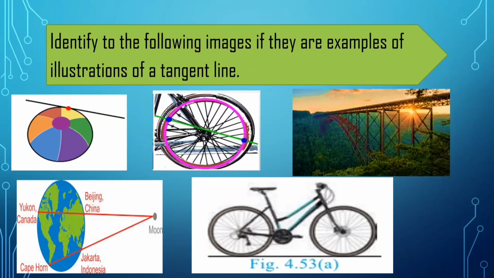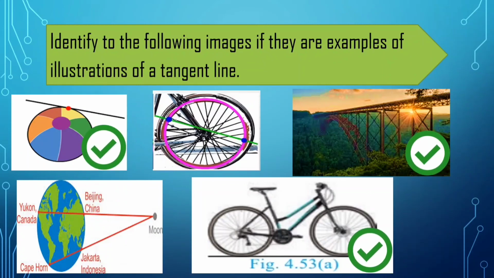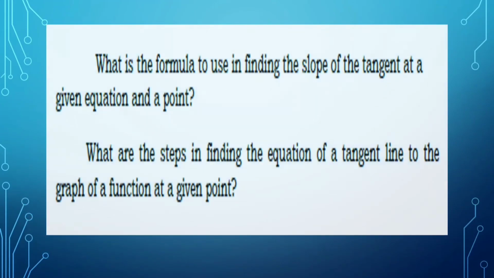Okay, so let's check your answer. Did you get all those images? Very good if you have identified that they are examples of a tangent line. To sum up our lesson, what is the formula to use in finding the slope of the tangent at a given point?